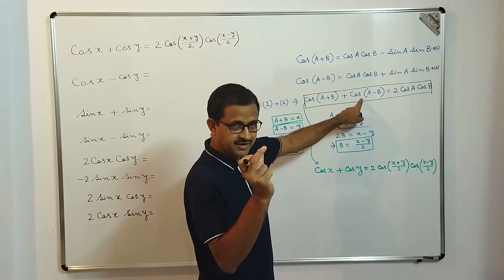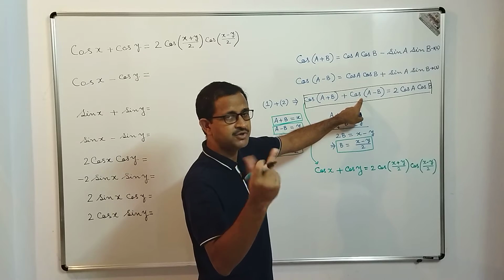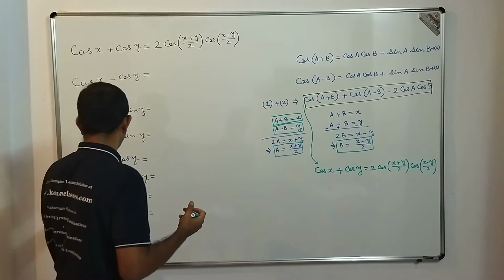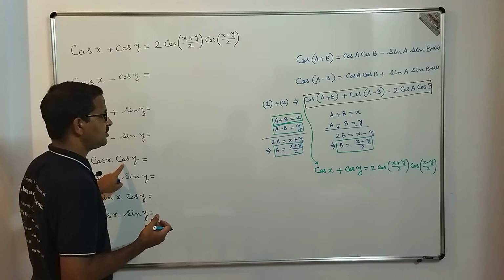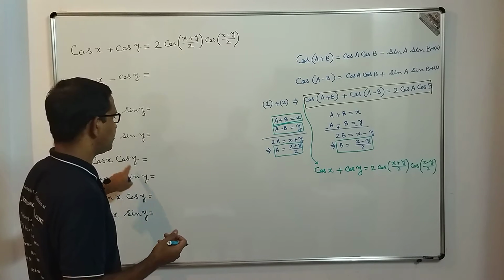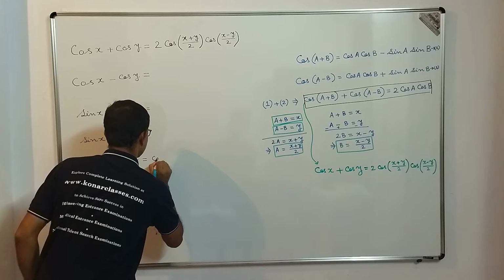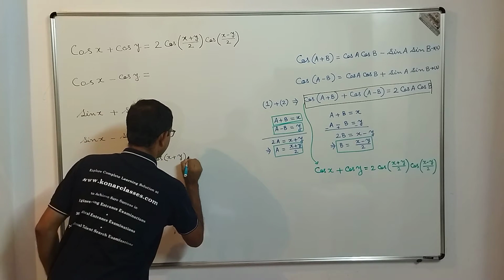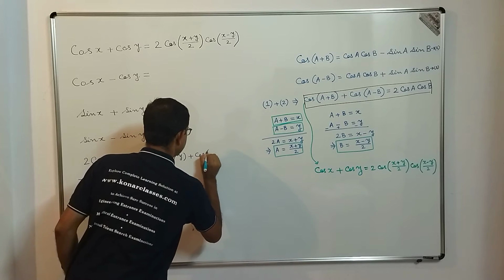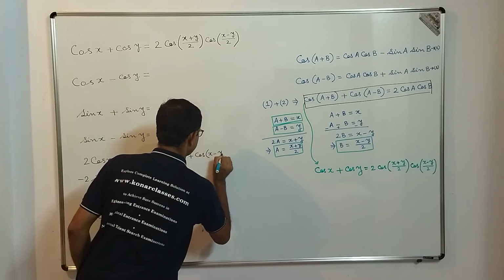If we just change a to x and b to y, which is a change we can make, we can write 2 cos x cos y equal to cos (x plus y) plus cos (x minus y).